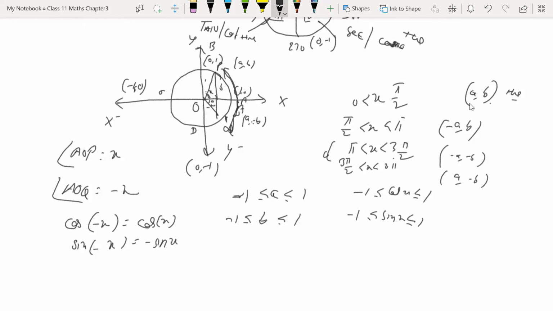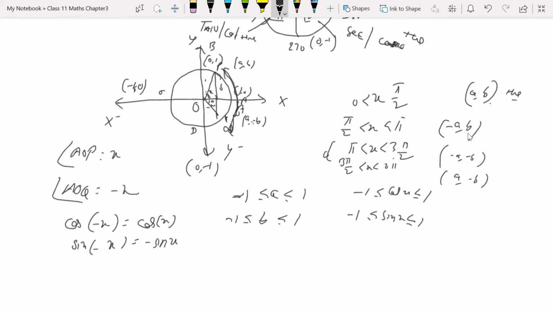cos x is positive for 0 to pi by 2, but negative for pi by 2 to 3 pi by 2.